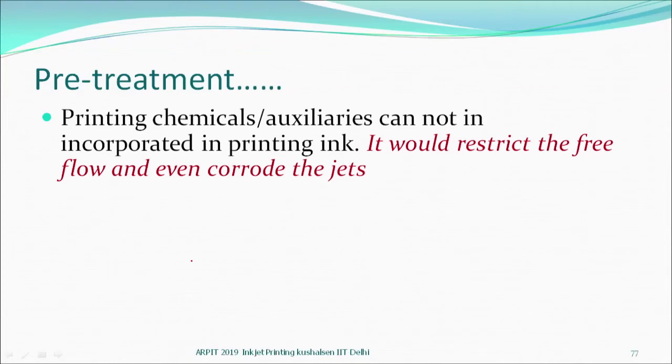All of them require some chemicals and auxiliaries for fixation purposes. And these chemicals and auxiliaries we may not be able to incorporate in the printing ink itself, because they can damage or restrict the flow. And so, you may have to add these chemicals in a pre-treatment. So, the fabric has these chemicals, when the dye comes, then these chemicals can help the dye to get fixed.